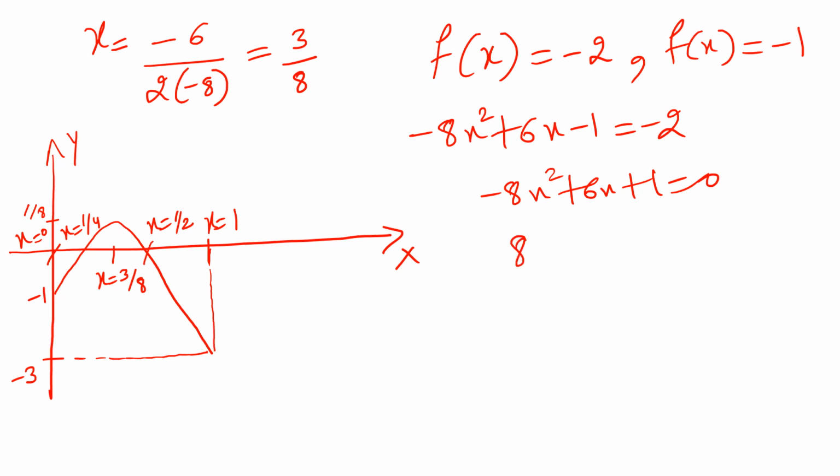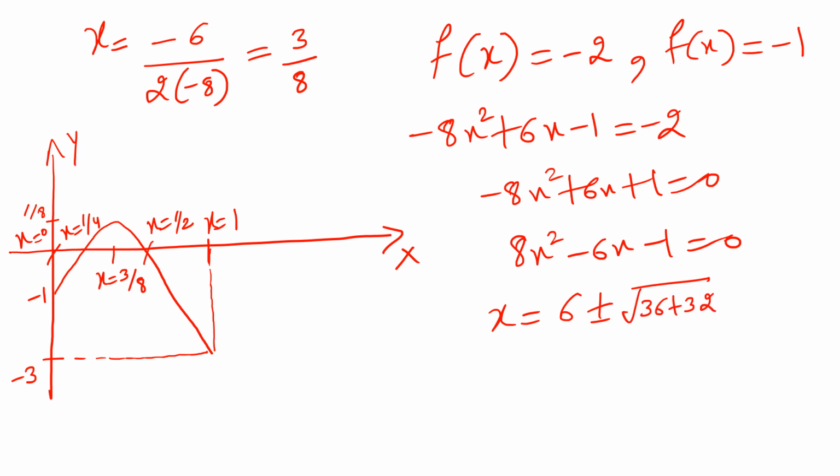And now solve this equation. So x becomes equal to 6 plus minus square root of 36 plus 32 divided by 16. Now the value of x comes as 6 plus minus square root of 68, which is 2 root 17, divided by 16.